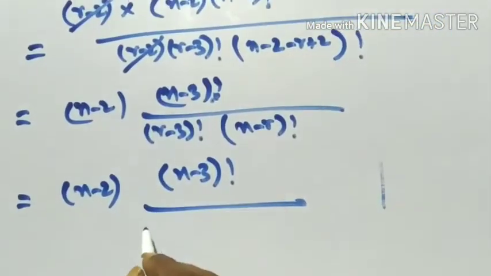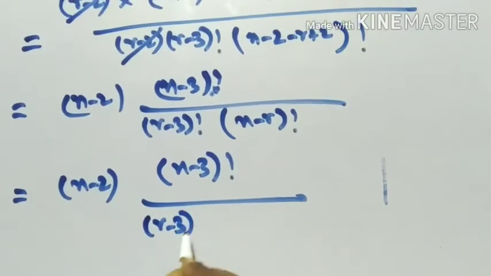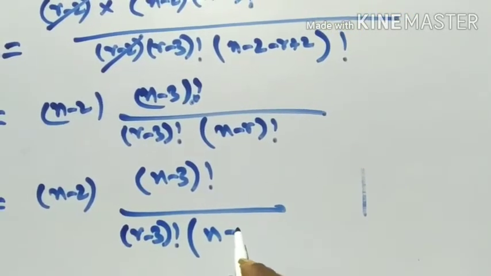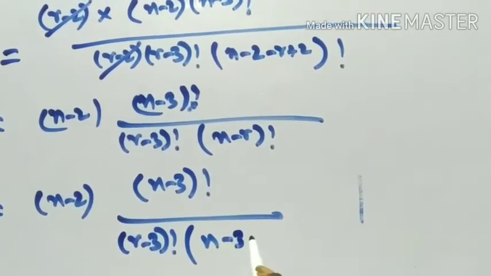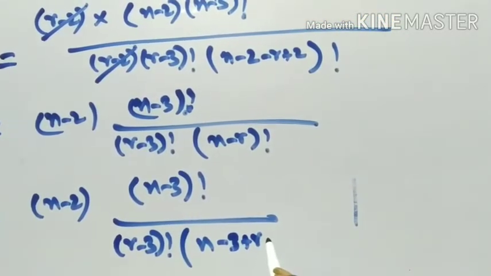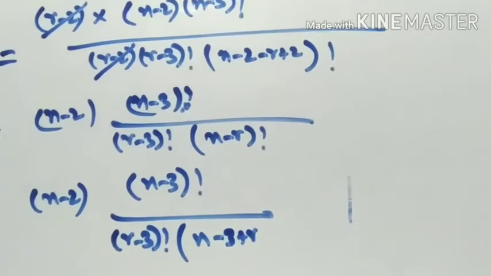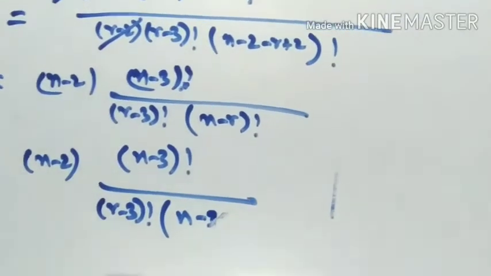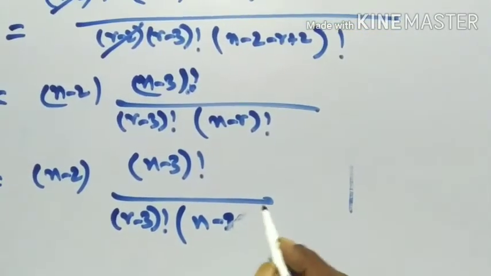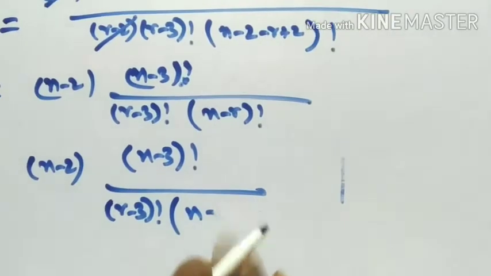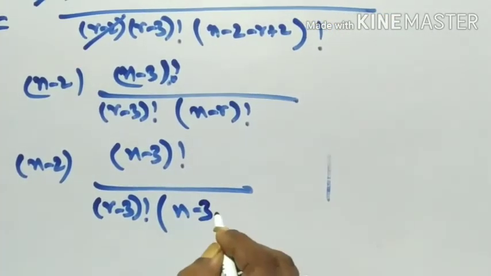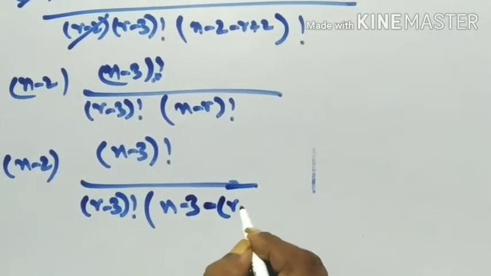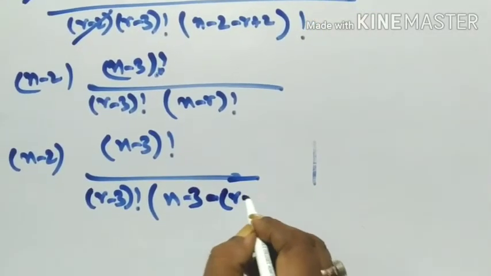So this will remain like this: factorial, then n minus 3 minus bracket r minus 3.